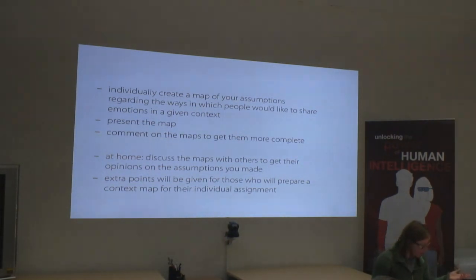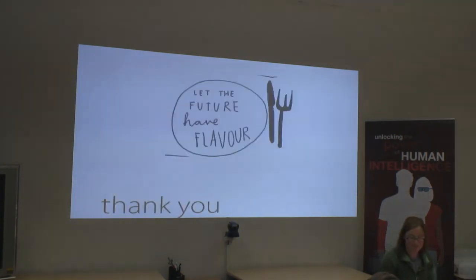So, for example, if you take a couple or a parent-child relationship or any other, try to find a few users to discuss the assumptions that you've got with them, just to see how far off or how close you are to what they really think about their own situation. And this is just for some extra points.